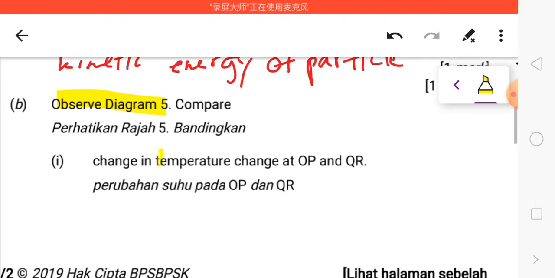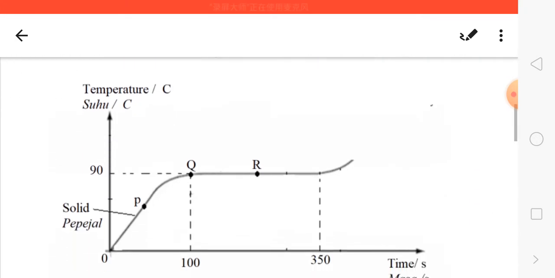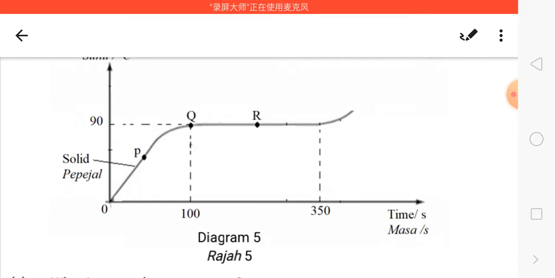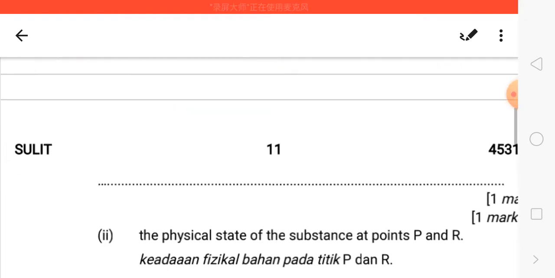It needs two answers, but if you can, you can write it in a combined form, combining these two things in one sentence. At PQ the temperature is increased, while at QR the temperature remains constant. You can write like this.